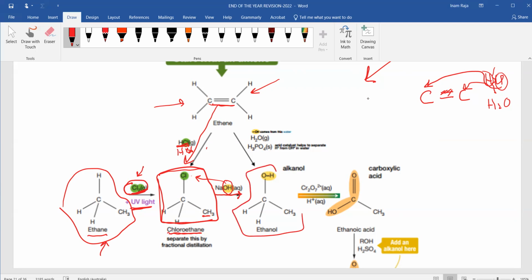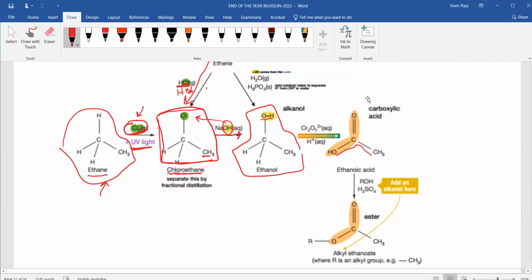Now we have seen on the previous page, alcohol can be oxidized.